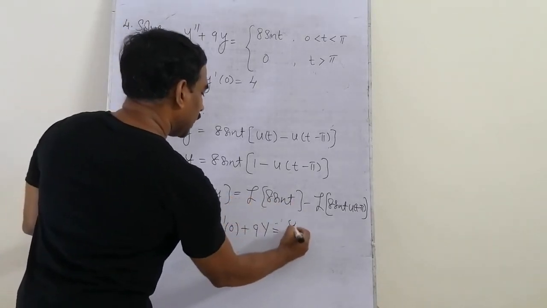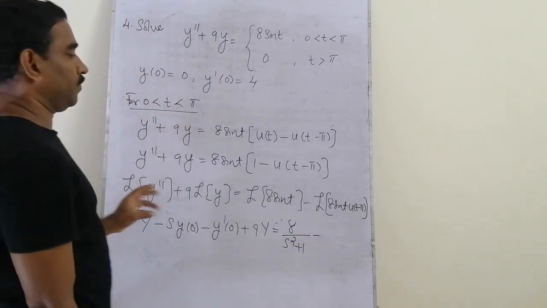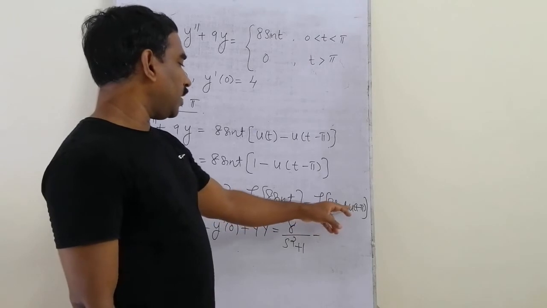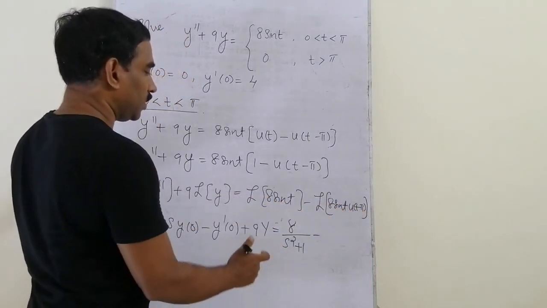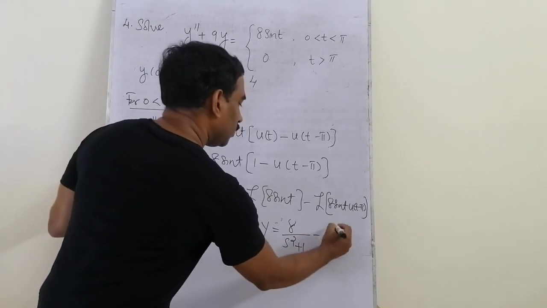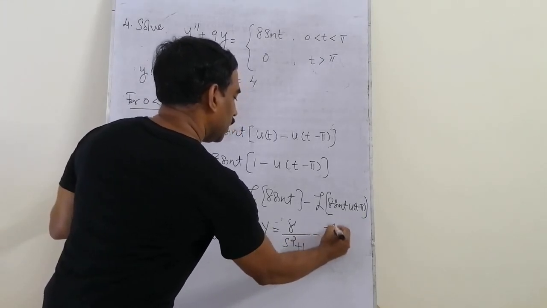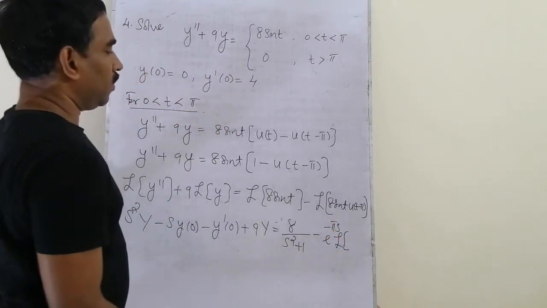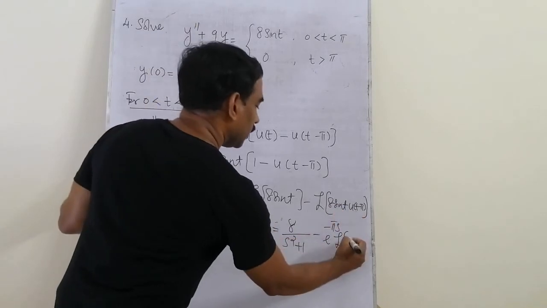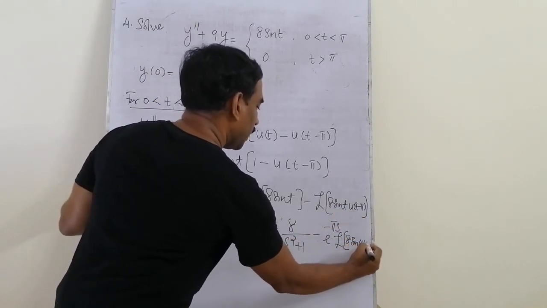Transform of 8 sin t is 8 divided by s square plus 1, minus transform of 8 sin t into u(t minus pi). Here f(t) is 8 sin t, so this is equivalent to e raised to minus as, that is e raised to minus pi s, into transform of the function f(t plus a), that is 8 into sin(t plus pi).